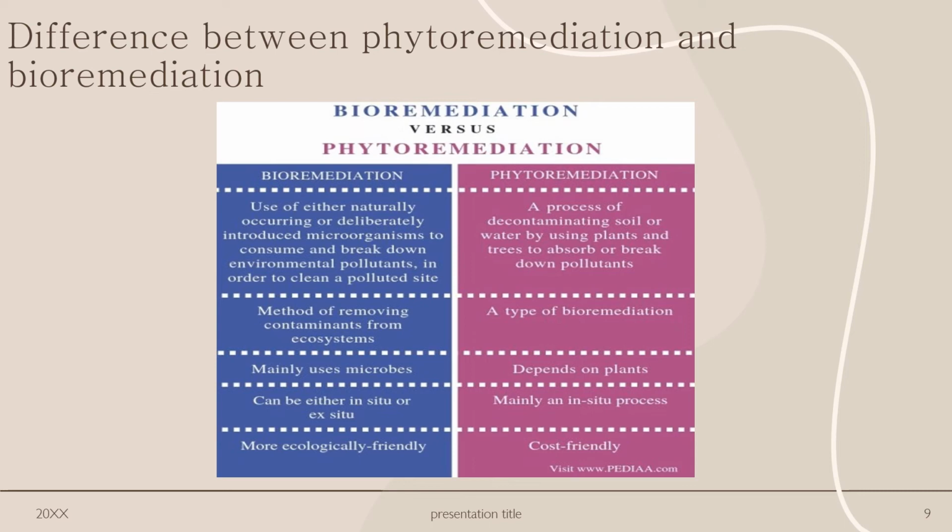Bioremediation process can either be an in situ type or an ex situ type. But phytoremediation is mainly an in situ type process. Bioremediation is more ecologically friendly, and phytoremediation is cost friendly.